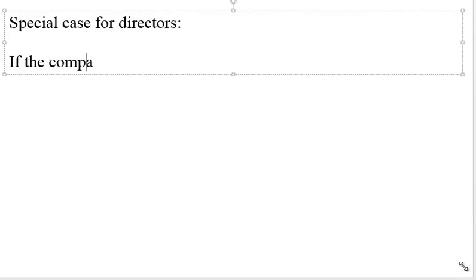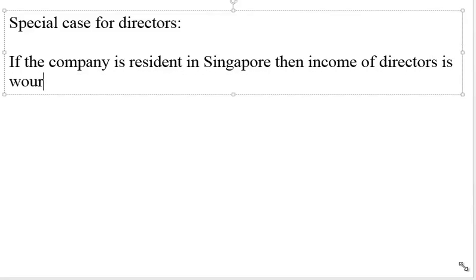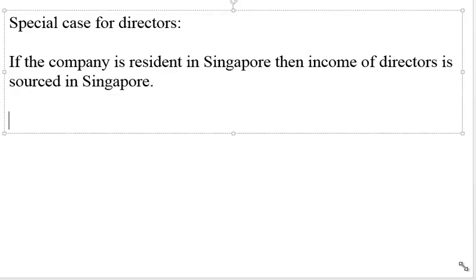If the company is resident in Singapore, then income of directors is sourced in Singapore.